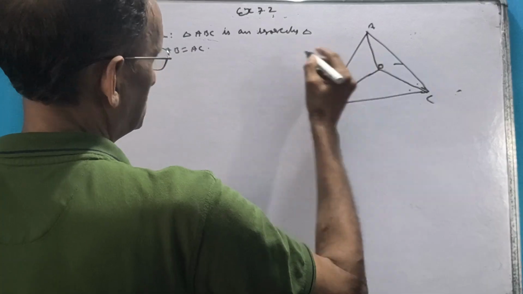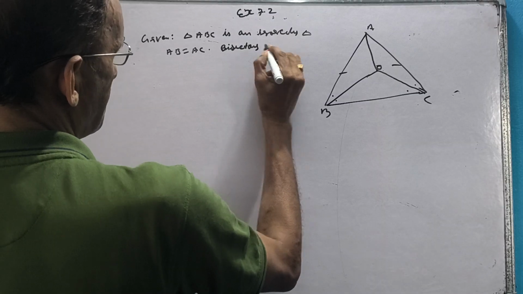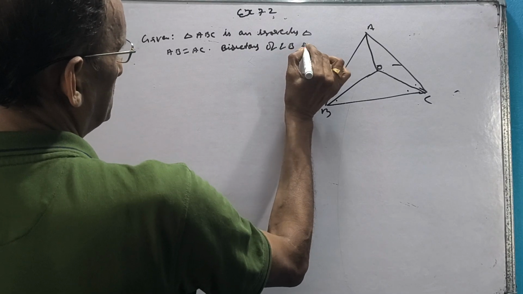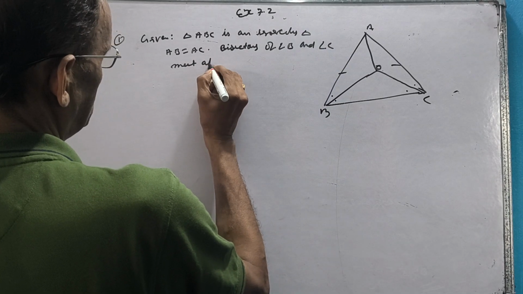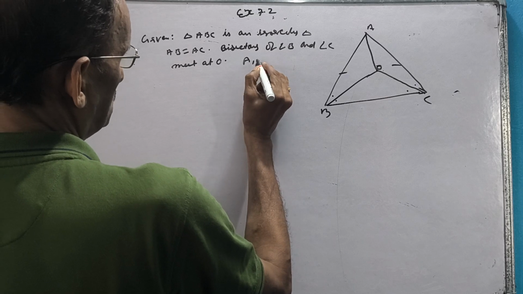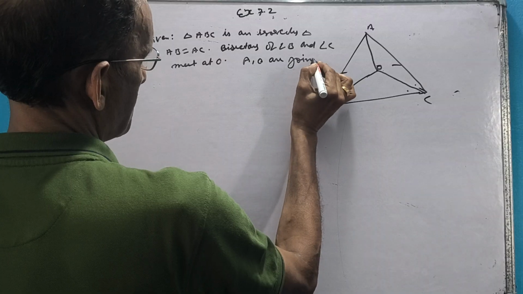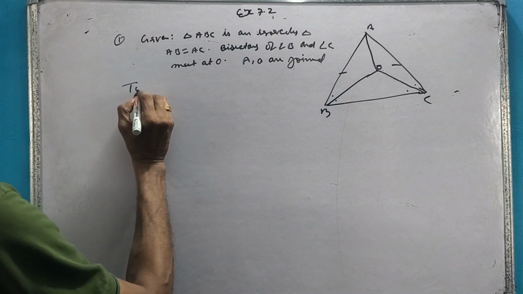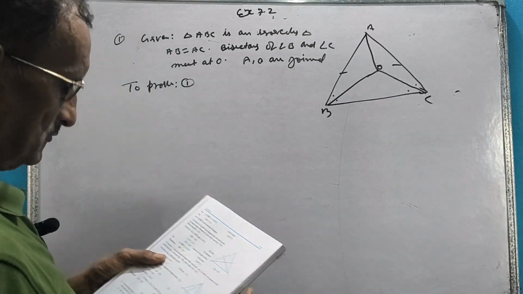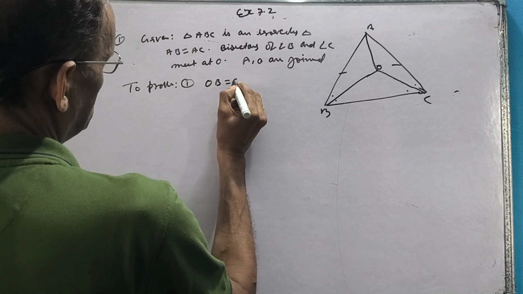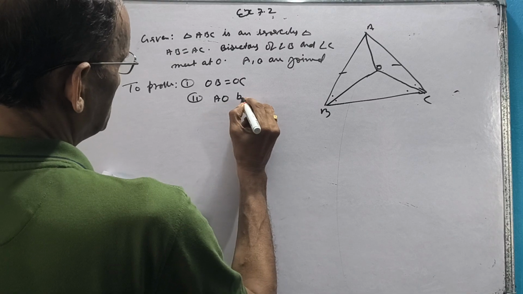The bisectors of angle B and angle C meet at O. A and O are joined. To prove: number 1, we need to prove OB equals OC. Number 2, we need to prove AO bisects angle A.